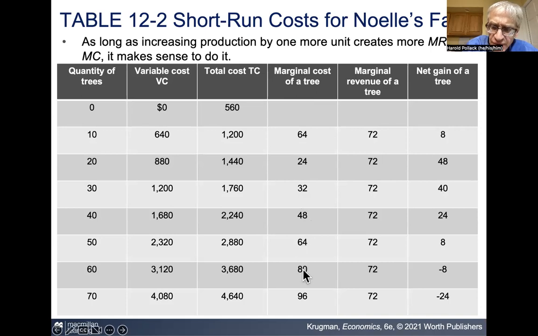No, because 60 is definitely too high. It may be that 55 is the right level, but clearly 60 is a little bit too high because it's costing me $80 to make a tree, and I'm only going to sell it for 72. So if I have to choose in groups of 10, my profit-maximizing level is going to be somewhere between these two, and if I have to pick one of these, it's probably this one.